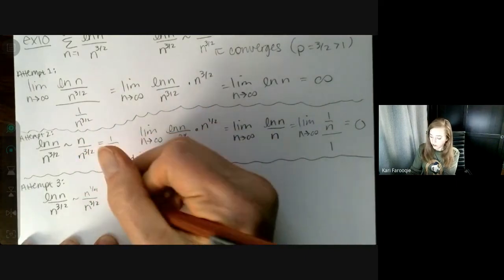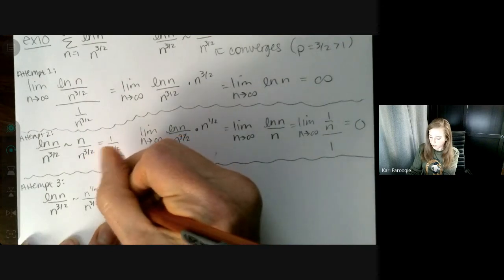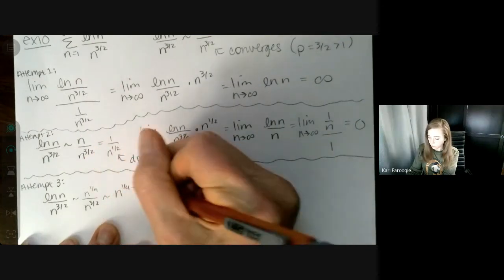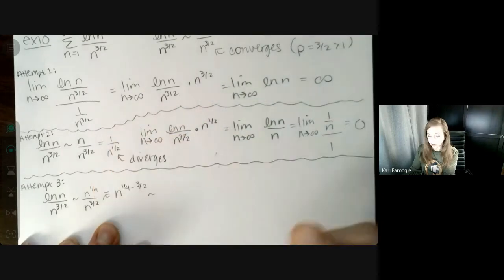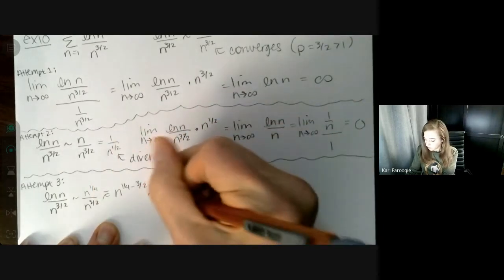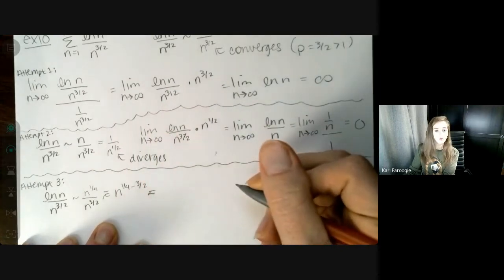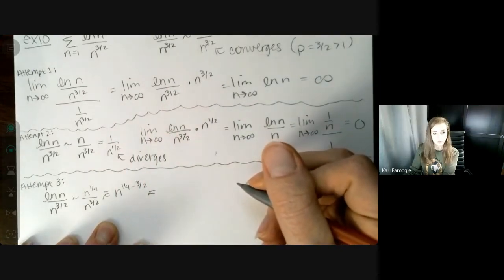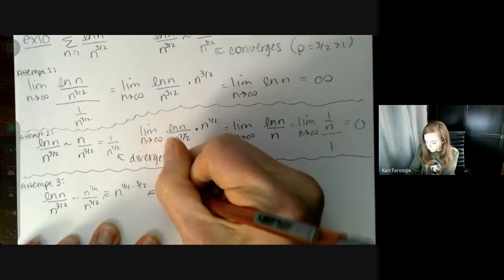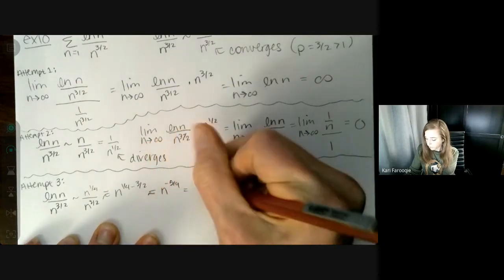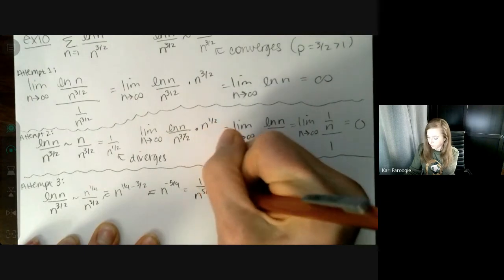So if I take this and rewrite it, I know that this is n to the 1/4 minus 3 halves. It's equal to, it's not approximate in this case. 1/4 minus 3 halves is 1/4 minus 6/4, which is -5/4.